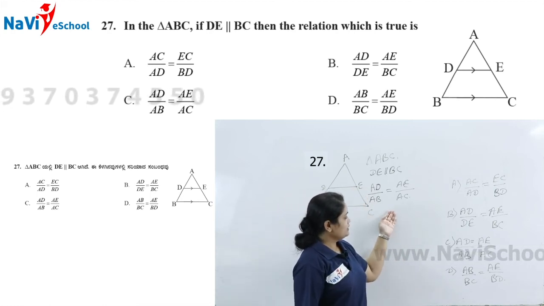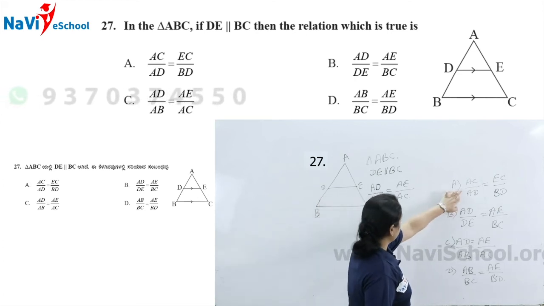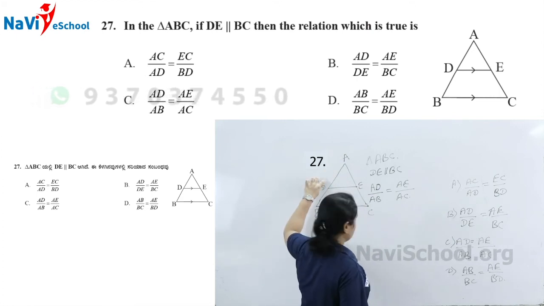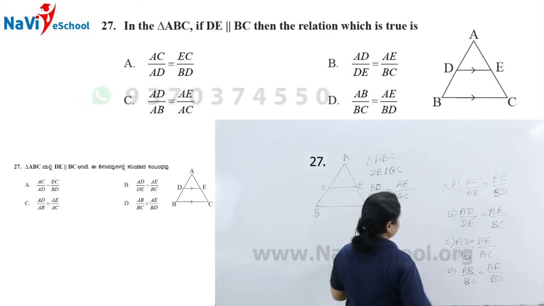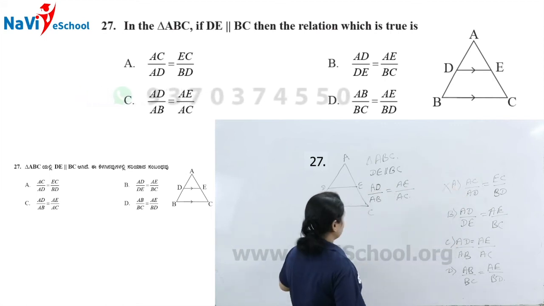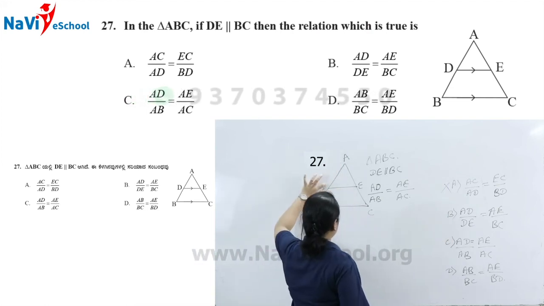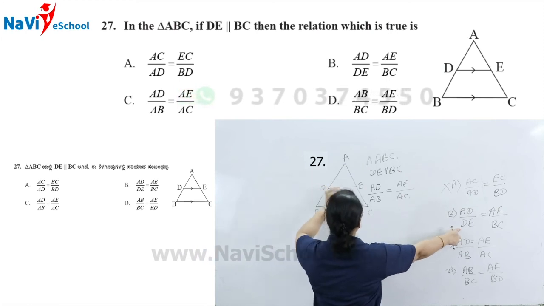So, here which option is correct, children? Check. AC divided by AD means AC divided by AD. There is no relation. So, this is not our answer. Next come to B. AD divided by DE.